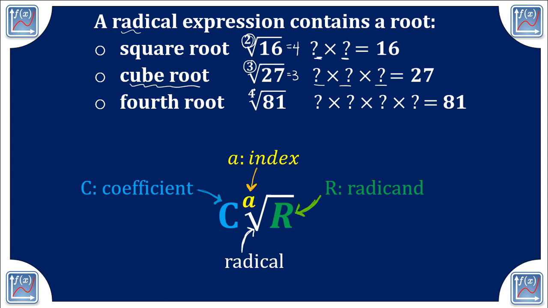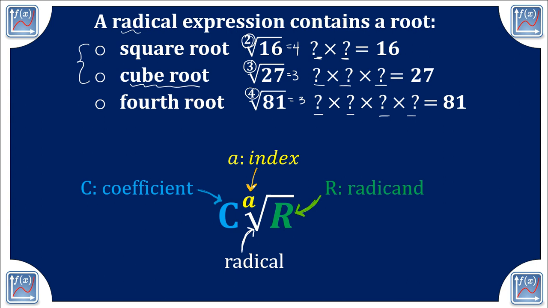You can have a fourth root where we multiplied a number 4 times by itself, and this number would be 3. 3 times 3 times 3 times 3 is 81. So the fourth root of 81 is 3. So for this course, we're mainly going to be just looking at square roots and cube roots.